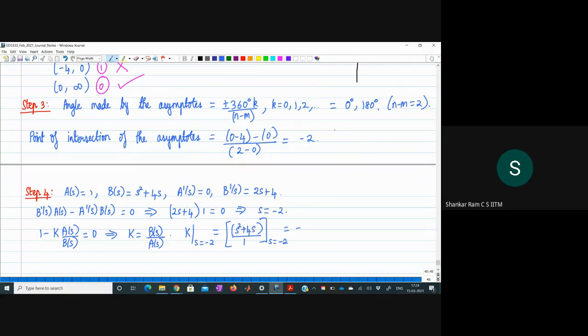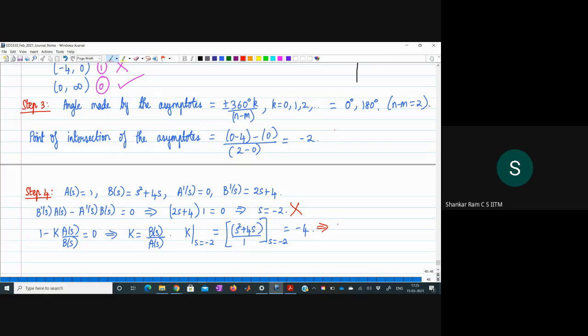So if we evaluate at s equals minus 2, we'll get minus 4, right? And this is a negative number, but we are starting with the problem wherein we have k to be positive. So this means that s equals minus 2, although coming as a solution to that equation B prime of s A of s minus A prime of s B of s equal to 0, is actually not a breakaway or a break-in point because of this.